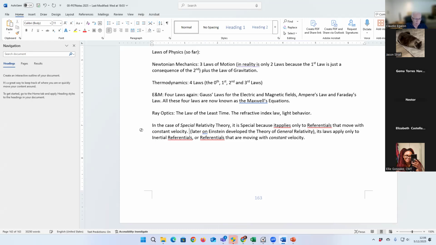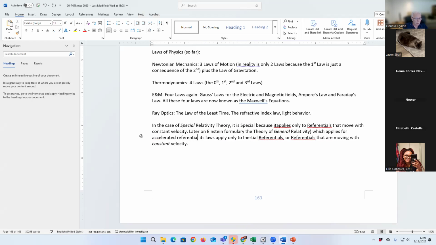Okay. Later on, Einstein formulated the theory of general relativity, which applies for accelerated referentials.